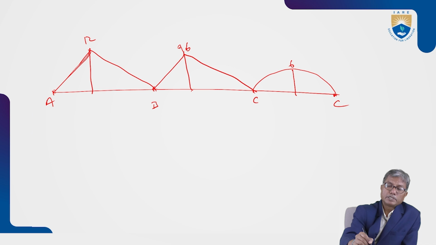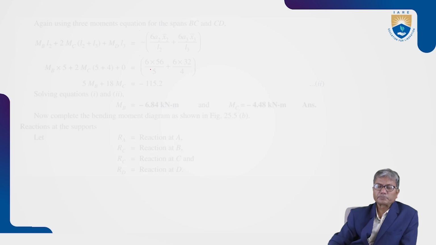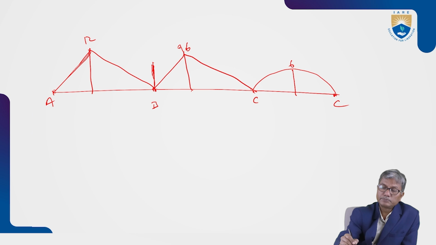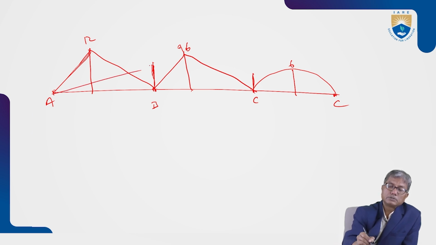And the bending moment at B is minus 6.84, and this is minus 4.48. MA is 0, so the bending moment at A is 0.